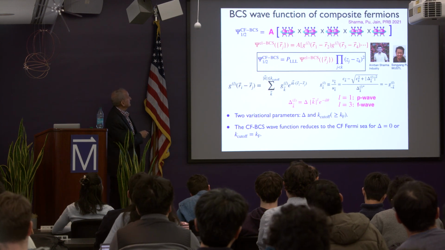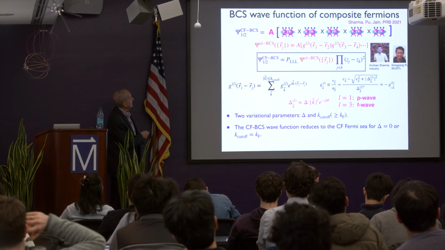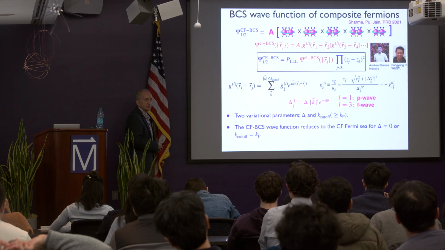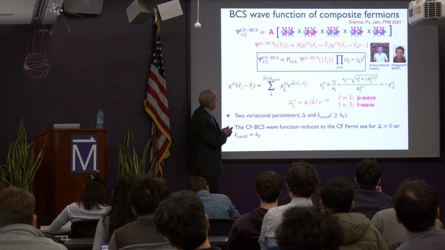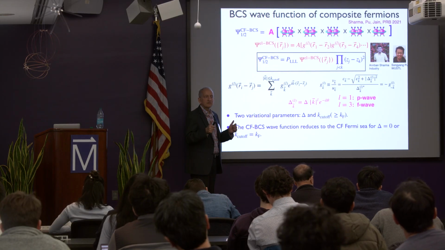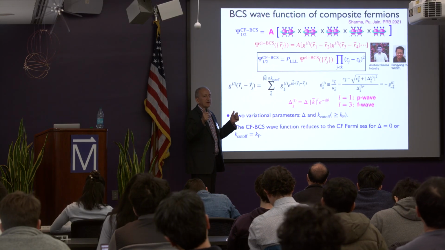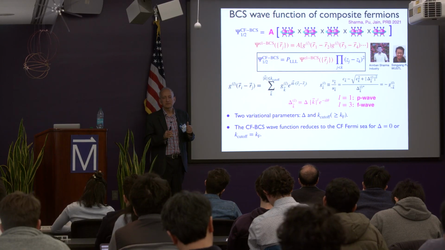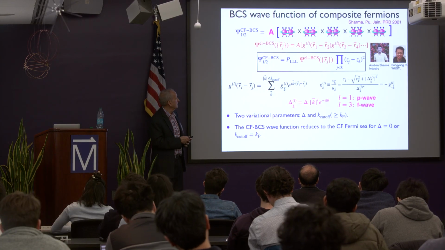So the idea is very simple. We know what the BCS wave function looks like for electrons. I'm going to composite-fermionize it. Here the electrons have all the same spin. You can also consider spin singlet superconductivity, but I won't talk about it now.